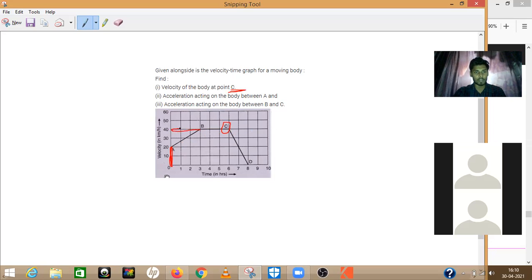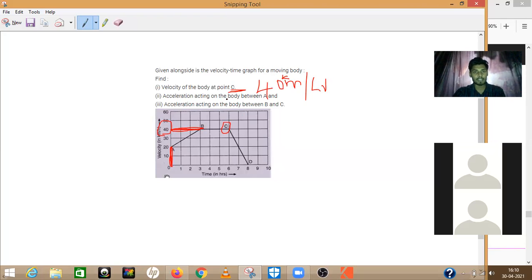So at point C, what is the velocity? 40, sir. Sorry, kilometer per hour. So at point C, the speed of the body is 40 kilometer per hour.